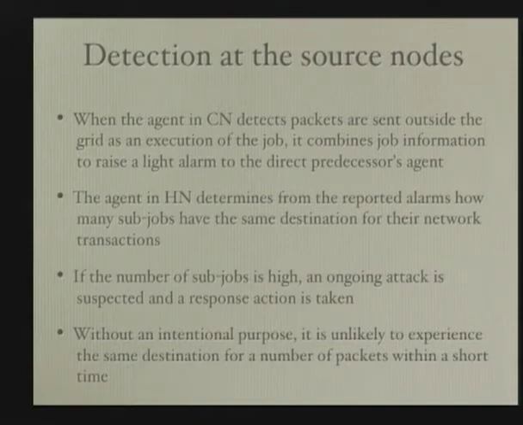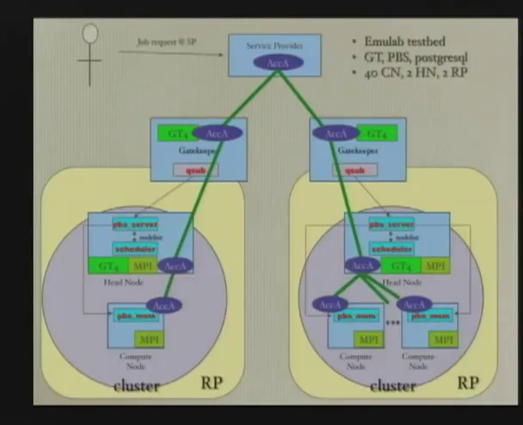Without an intentional purpose, it is unlikely to experience the same destinations for a number of packets within a short time. Based on the two approaches, we did some experiments like here. This is a real architecture of a grid, and we put a grid accountability agent here, and we located our agent at three important strategic locations. The first one is the entry point, where the job is first submitted.